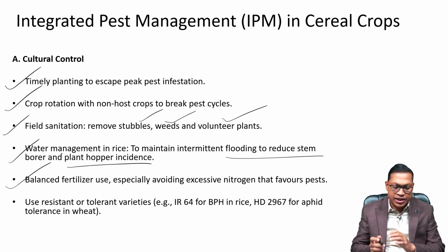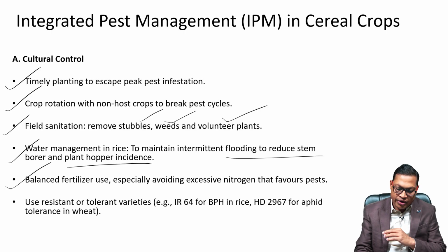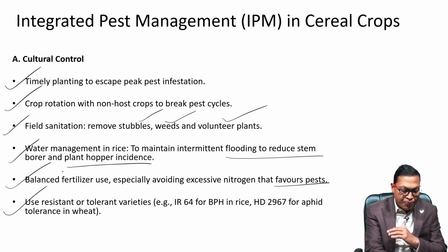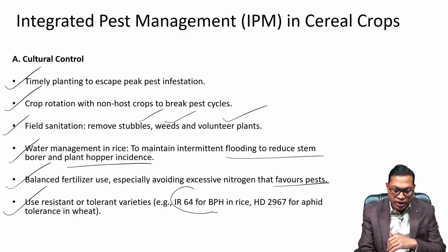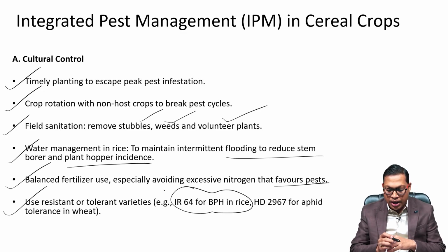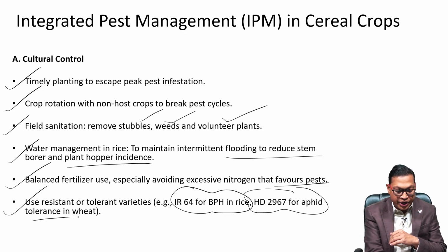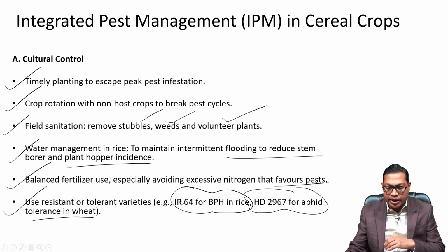Then balanced fertilizer: we have to avoid the excessive use of nitrogen, because nitrogen can enhance the succulency of the stems, leaves and the whole crop plant. If there is more succulency, it will attract the insects or favor the pest. So, we have to use resistant or tolerant varieties like IR 64 for brown plant hopper, and HD 269 for aphid in case of wheat. So, these are some tolerant varieties.